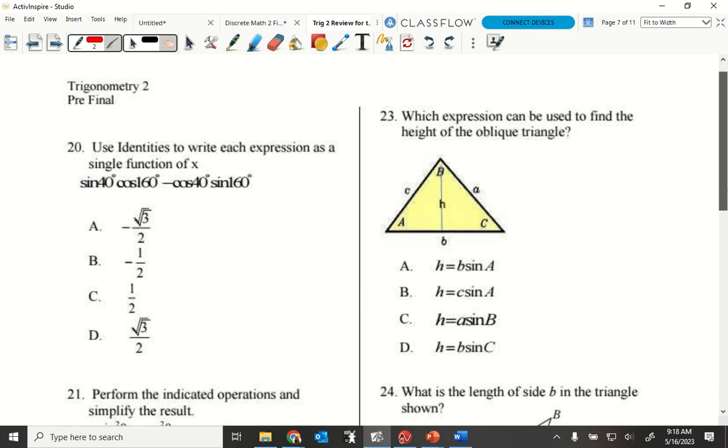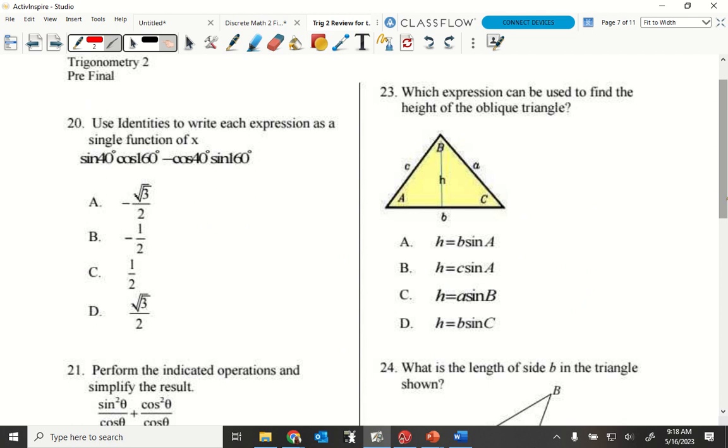All right. So this one says use identity to express. Now, can we do the whole thing in the calculator? Say yes. So sine, cosine. So that's going to be a sine of 40.